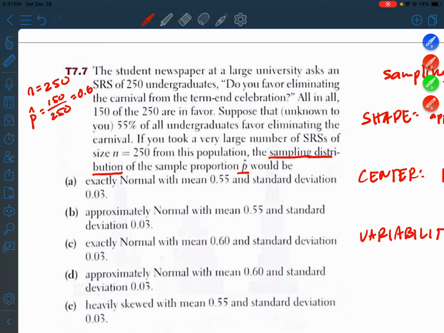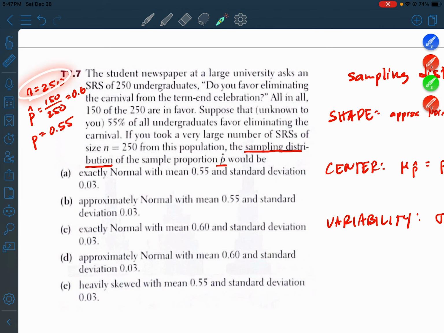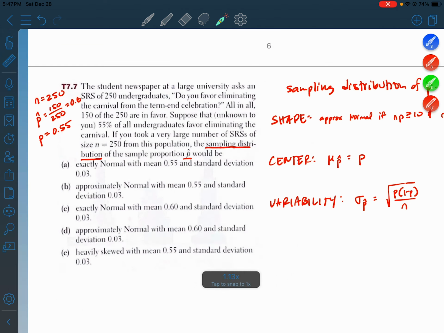The true proportion p is 0.55. But that's all we needed to know. We just need to know the values of n and p. We don't really need the value of p hat here.